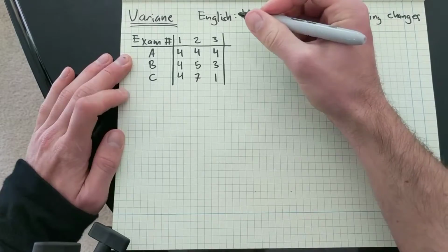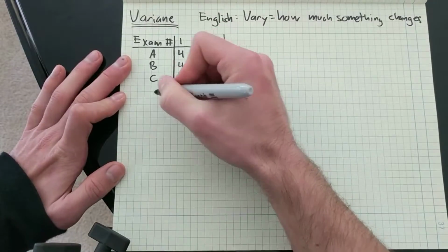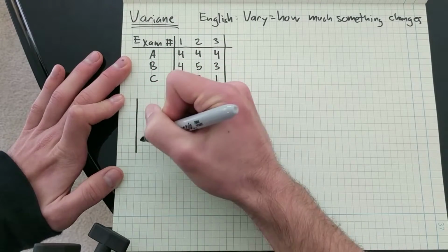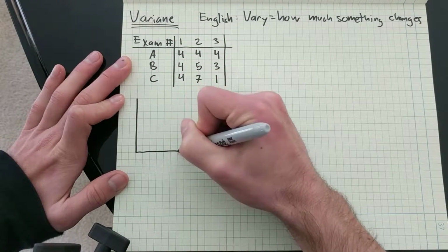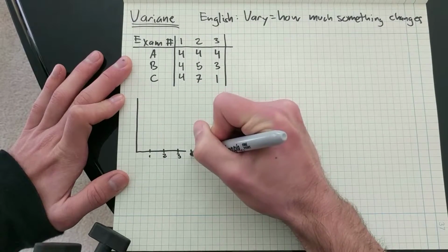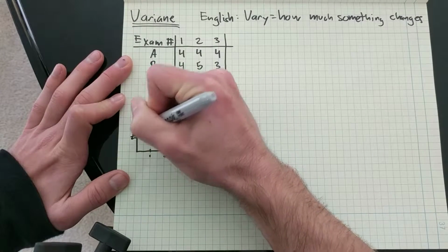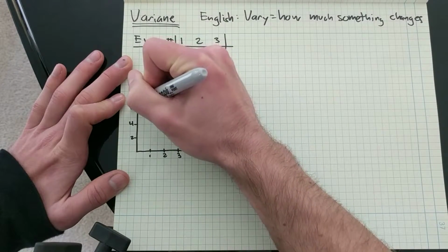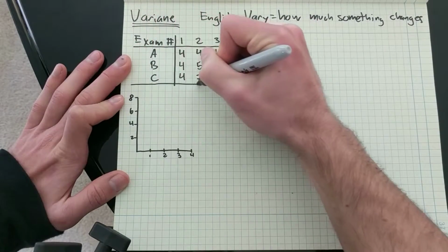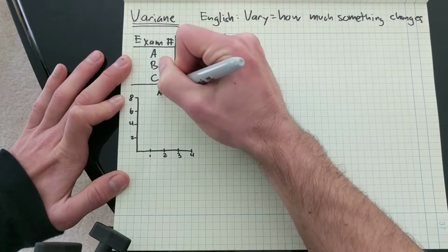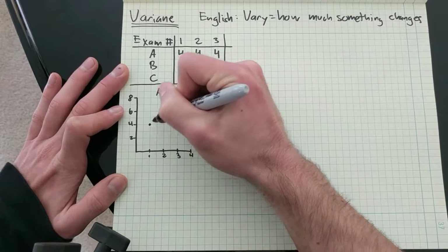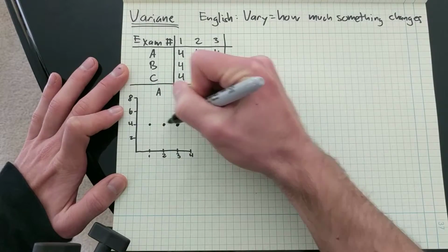So to start, let's go ahead and plot this out. Student A here. I'm going to use a scaling of 2 on our y-axis. So student A scored a 4, a 4, and a 4.